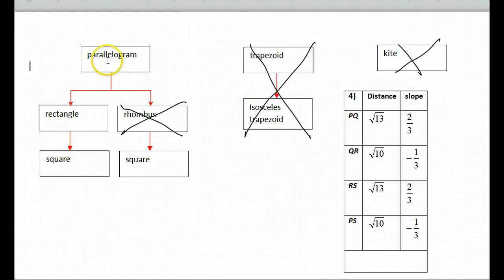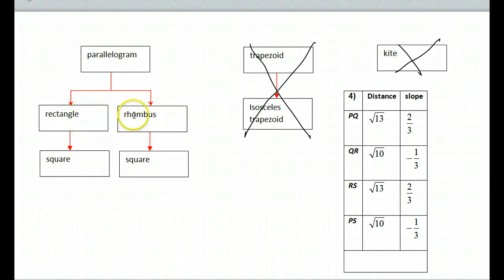But as I mentioned before, if we're going with parallelogram, there was a possibility that it could have been something more specific. Because a rectangle and a rhombus are special cases, we had to check and see, was it a rectangle, was it a rhombus?